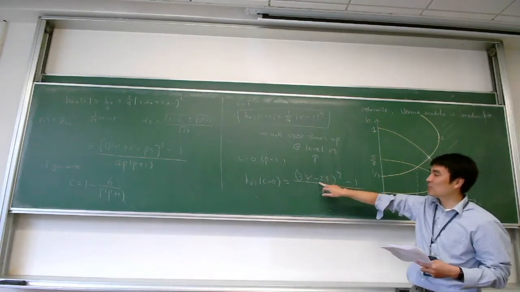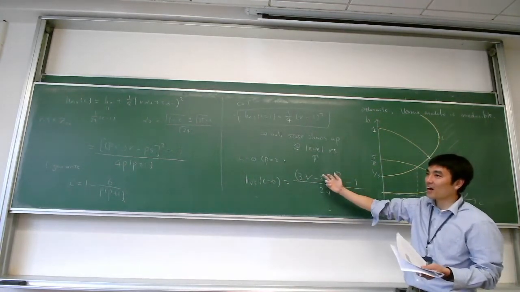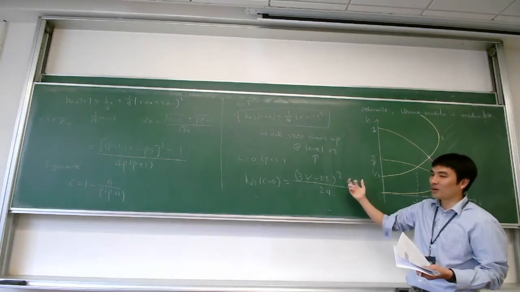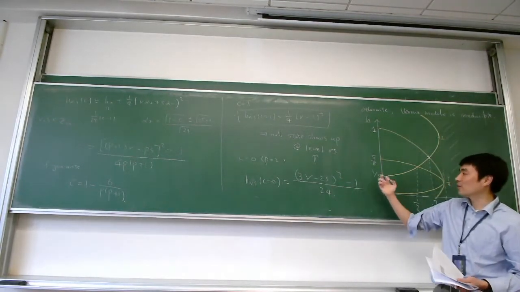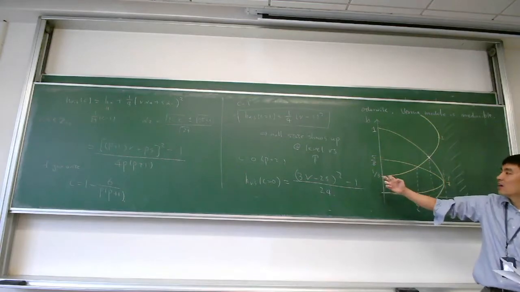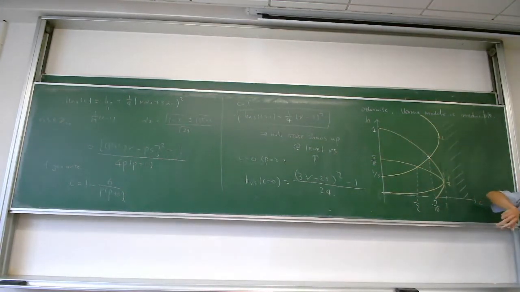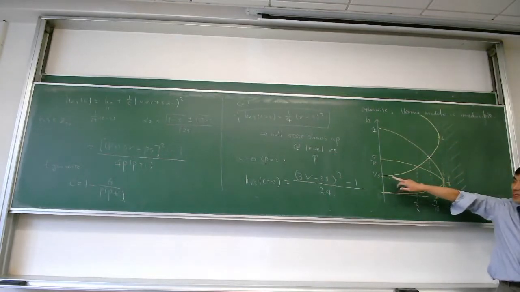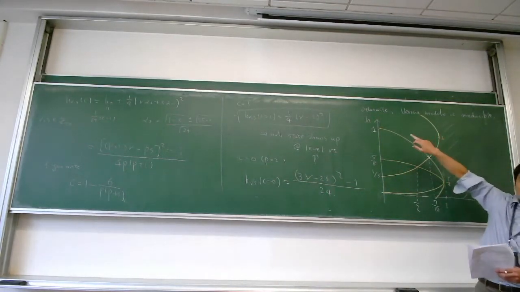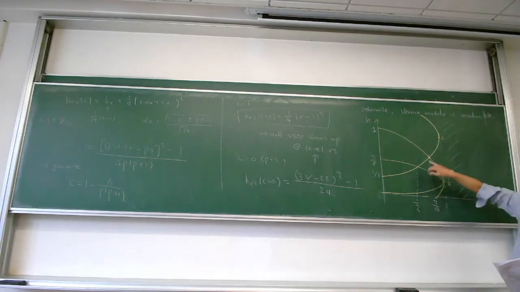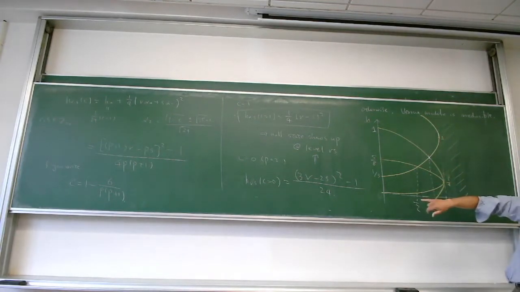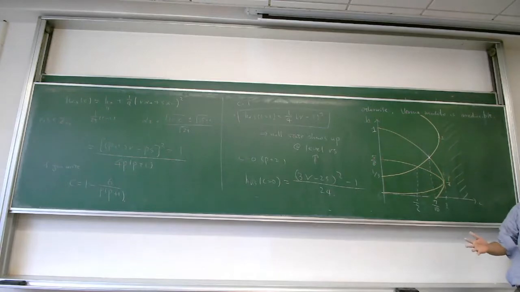If this is 3, 3 squared is 9, 9 minus 1 is equal to 8, 8 divided by 24 is 1/3. And so on. Always a rational number appears. And also the important thing is that when these curves cross, this part is always a rational number. That's the most important thing.